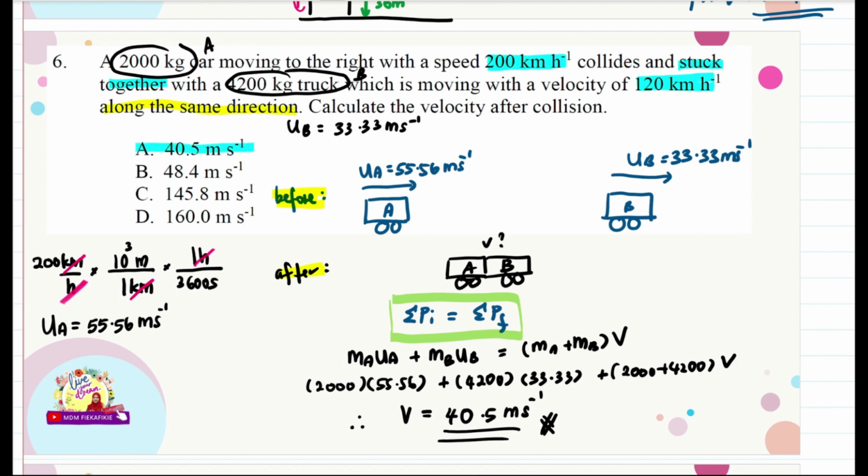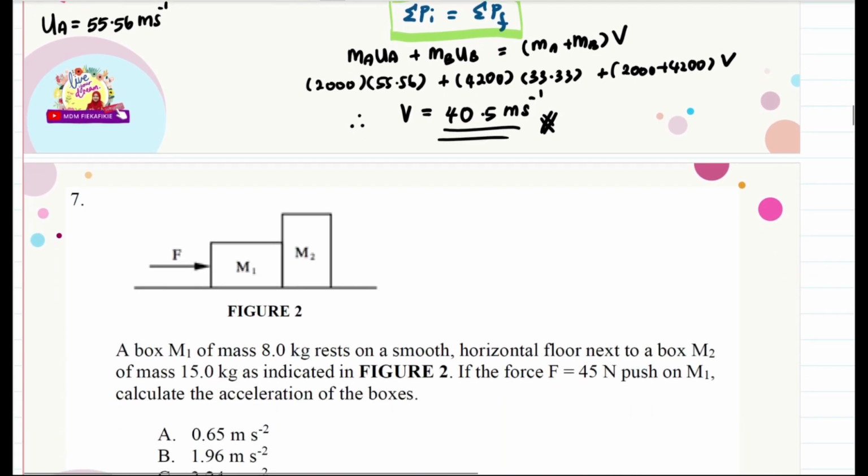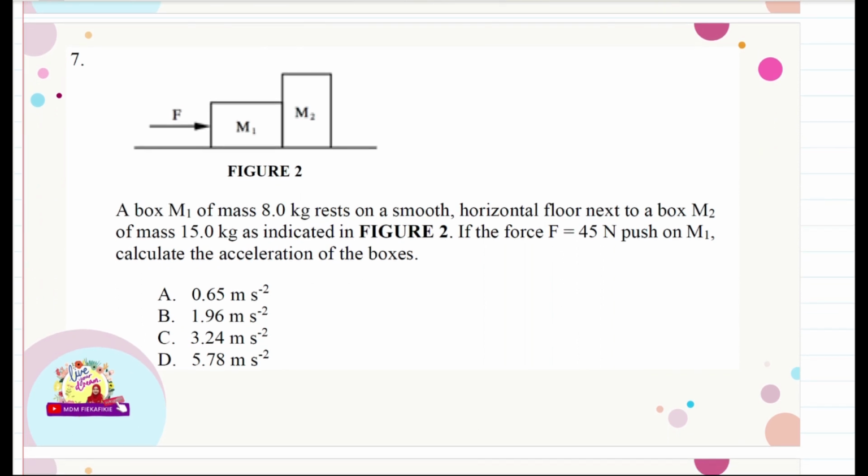Very easy, right? Okay, next question number 7. A box M1 of mass 8 kg rests on a smooth, horizontal floor next to box M2 of mass 15 kg.